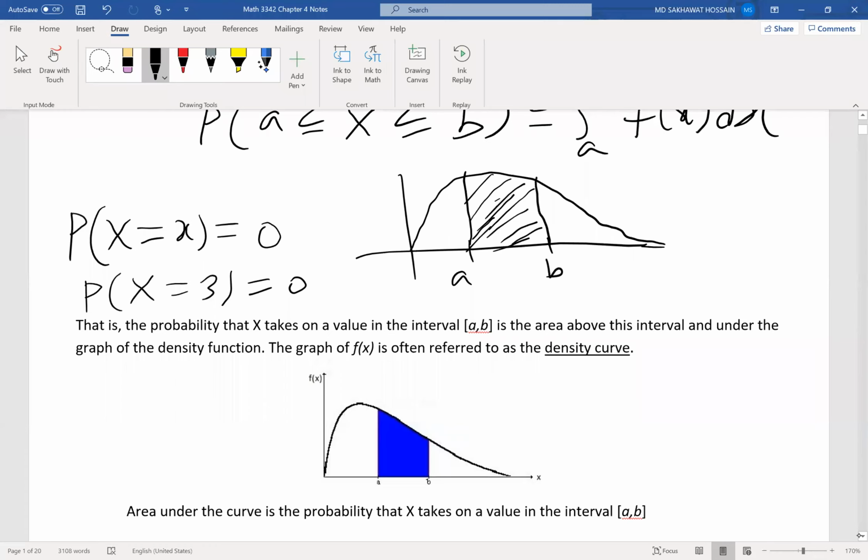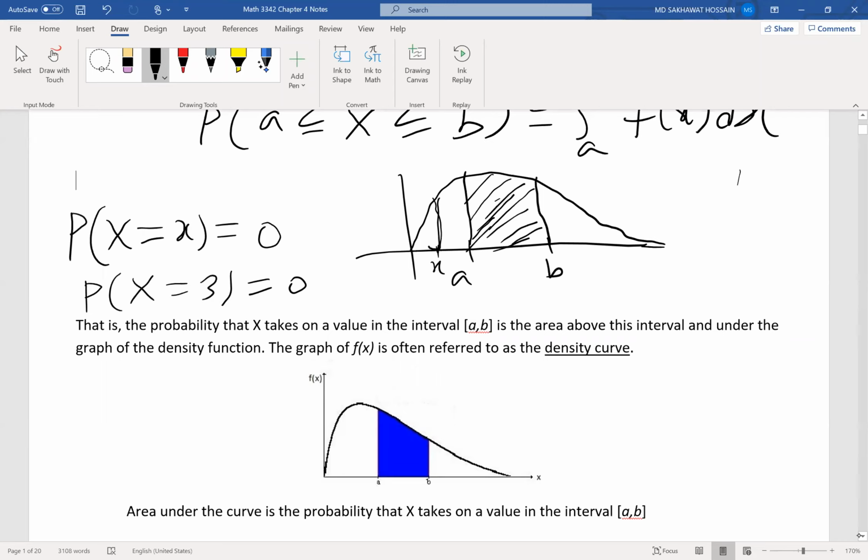So why is this probability 0 for the continuous case? For the continuous case, the probability is the area under the density curve. At a certain point, if our x is somewhere here, the area at this point is the area of a line, and you know that the area of a line is 0.